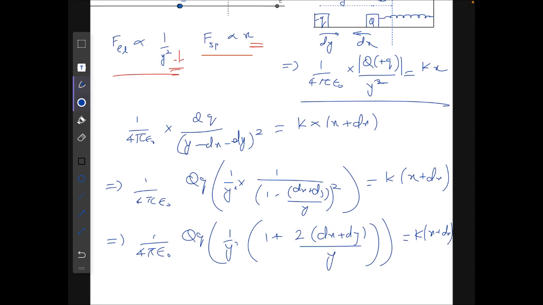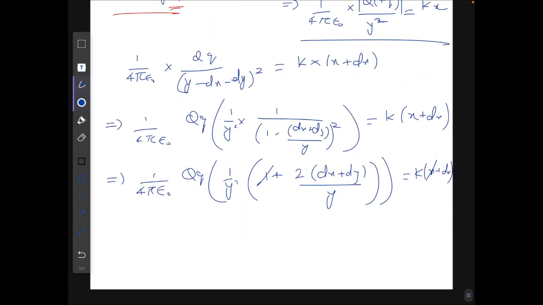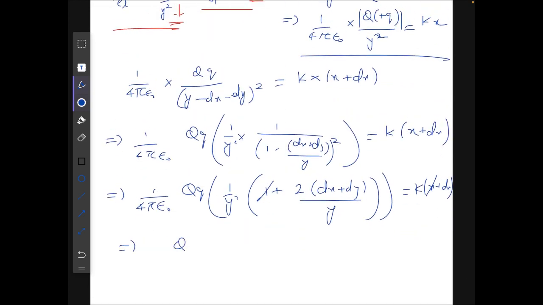Now from here we can clearly see that q over 4 pi epsilon naught y square equals kx, so this term cancels with this kx. You can see it for yourself. So from here what we see is q over 4 pi epsilon naught y cube times 2 times (dx plus dy) equals k dx.